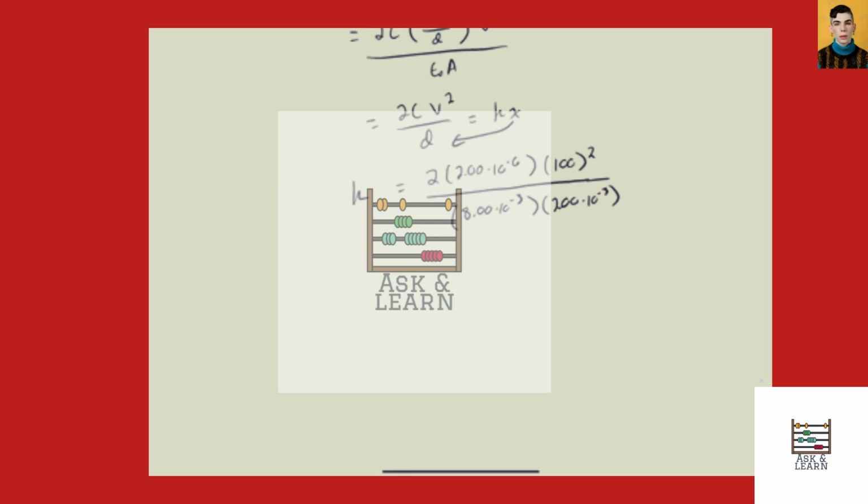So we get K is 2500, which is 2.5 times 10 cubed newtons per meter, which is 2.5 kilonewtons per meter.